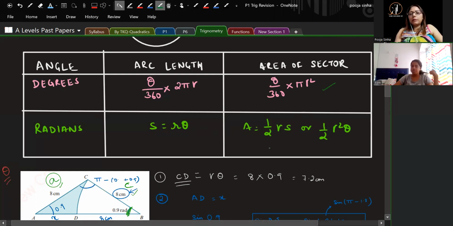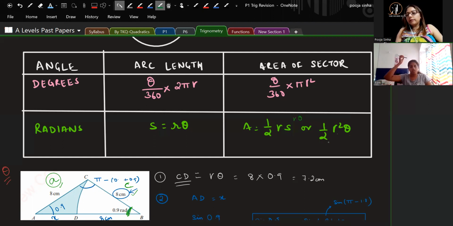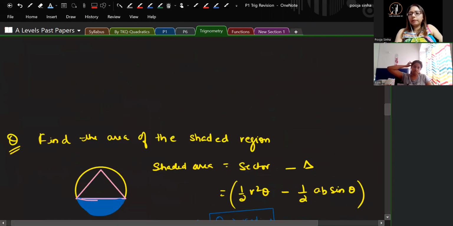If we have radians, it will be half r into the arc length, or half r square into theta. Arc length is r theta, so r into r becomes r square into theta. So we can find the area of a sector with this formula.